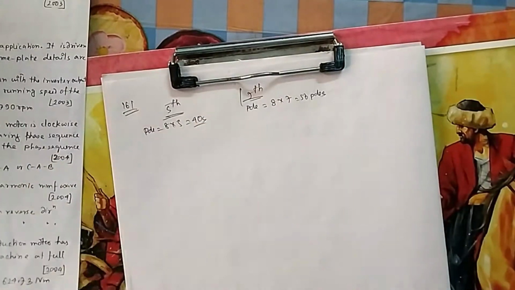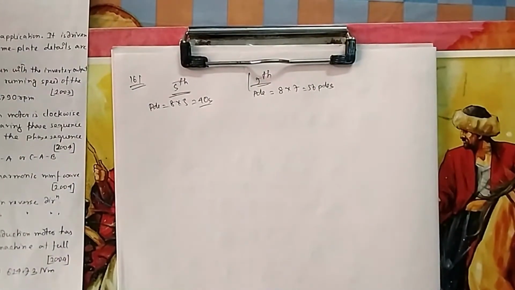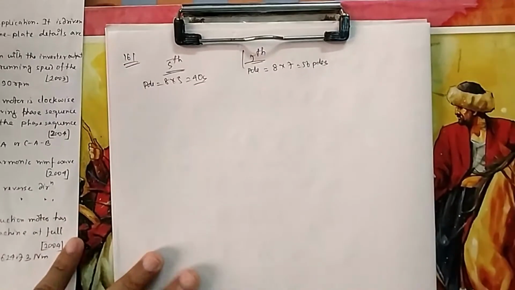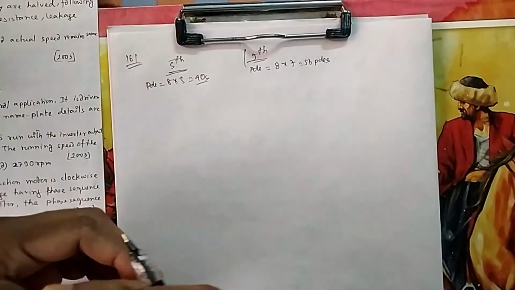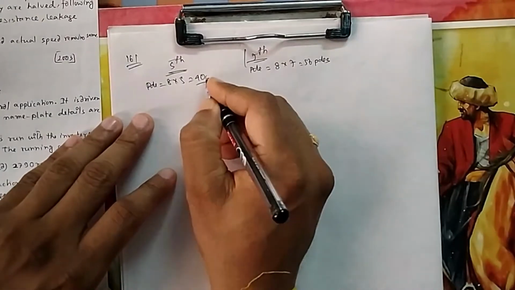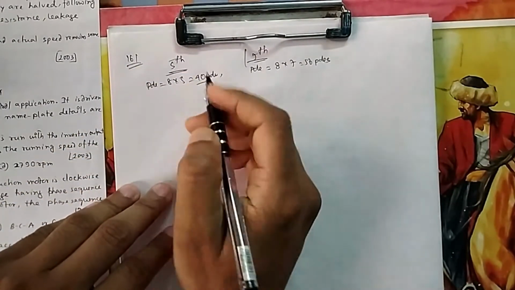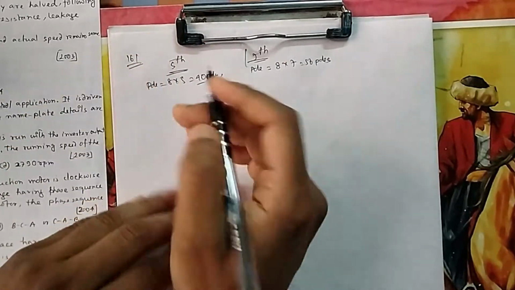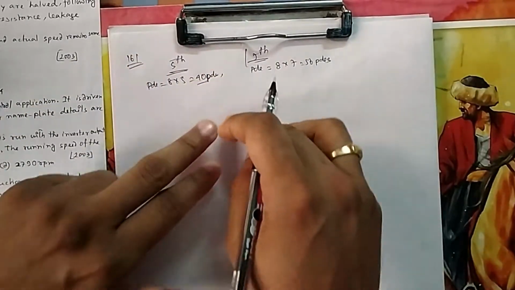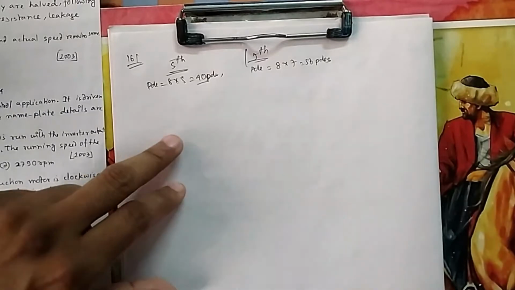So let us see the orientations, that is, what is the gap between the 3 phases for this harmonic. That means we are considering the phase sequence. So for 40 poles, from one pole to another pole is 180, and coming back to the same pole is 360.